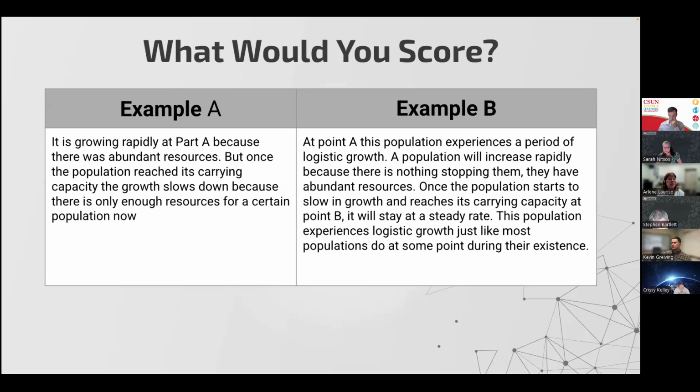But once the population reached its carrying capacity, the growth slows down because there is only enough resources for a certain population now. Okay, so in the chat, why don't you respond: do you think this is a 0, a 1, or a 2? What do you think student A would earn from the rubric?